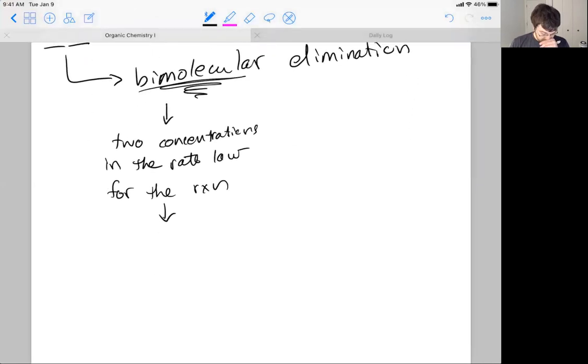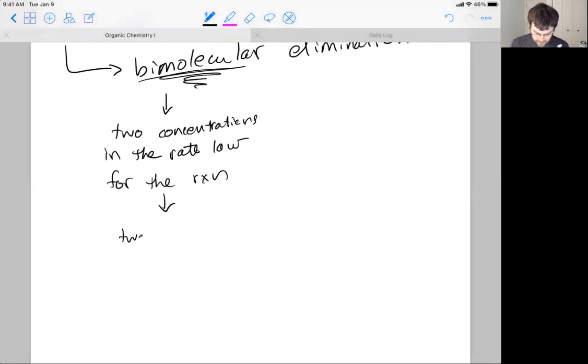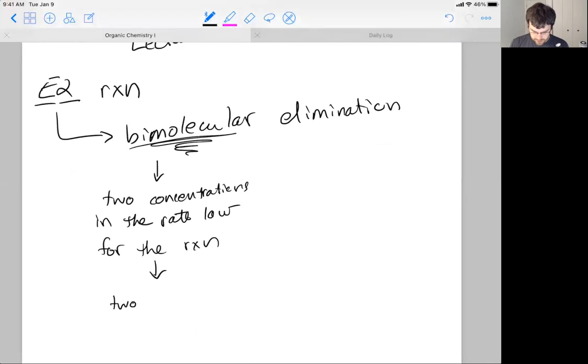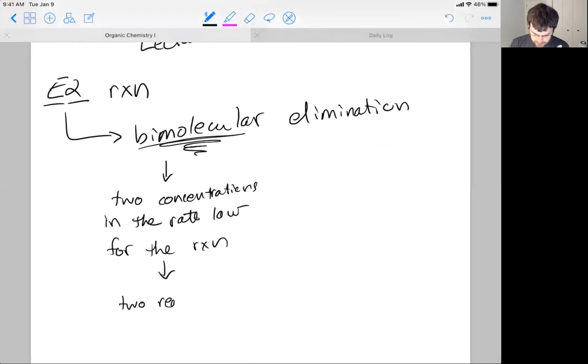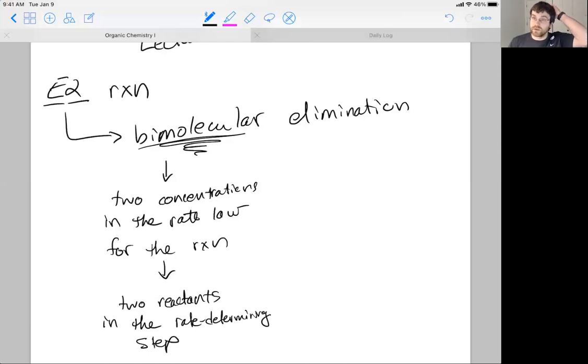Alternatively, you could say there are two reactants in the rate determining step. These all mean the same thing.